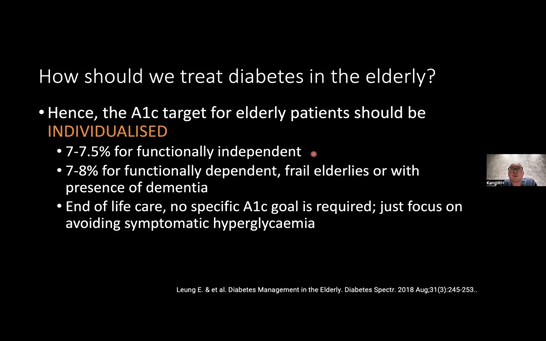So at this juncture, once the A1C is not too bad, the daily sugar is not more than 12 or 15, the patient is comfortable, then that's good enough for the patients. So if you cannot remember anything, just remember that for elderlies, the A1C should be individualized. So according to the patients, there's no strict number for them.